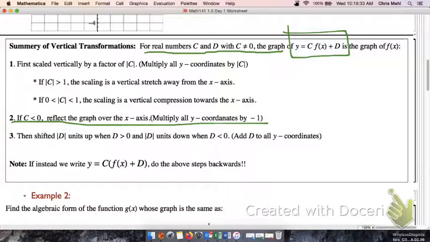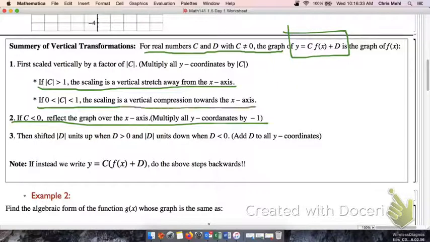Now again, if c in absolute value is greater than 1, the scaling is a vertical stretch away from the x-axis, and if the absolute value of c is between 0 and 1, say like 1/2, the scaling is a compression towards the x-axis. And then finally, number 3 says, then you would shift absolute value of d units up when d is positive, and absolute value of d units down when d is negative or less than 0.